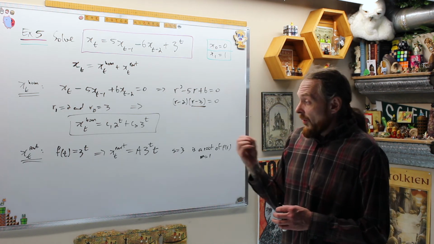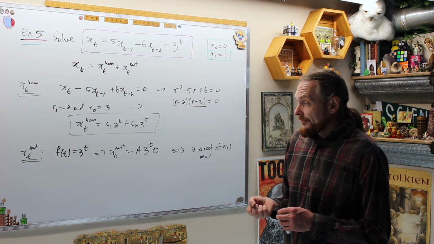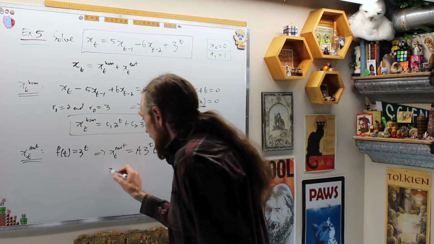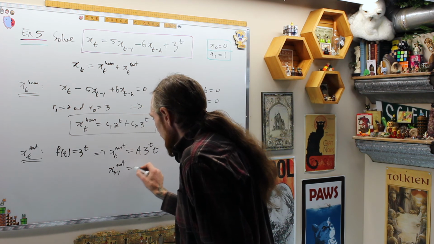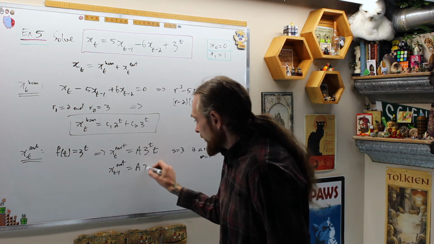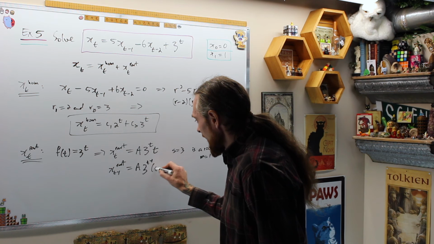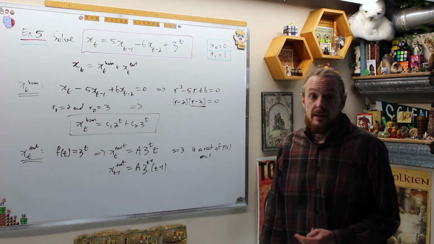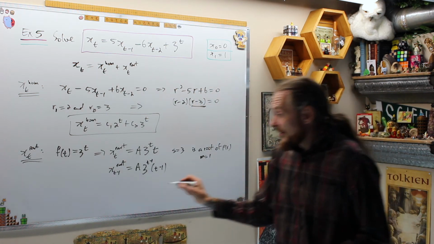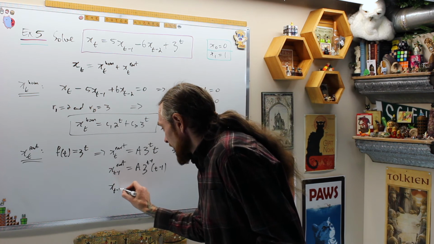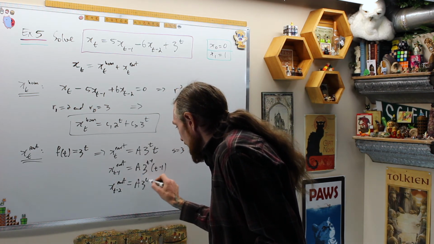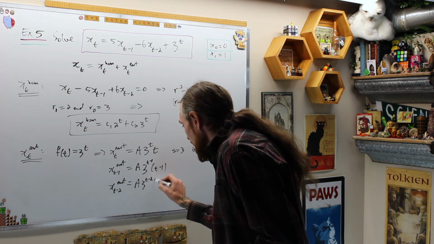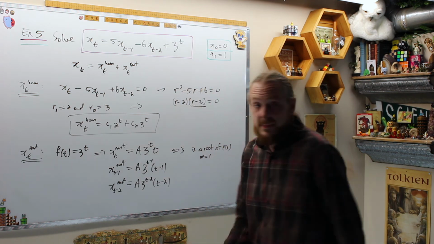Therefore, what are we now going to do with that? That tells me that xt minus 1 particular is equal to a 3 to the t minus 1 times t minus 1. Then x to the t minus 2 particular is going to equal a 3 to the t minus 2, t minus 2.